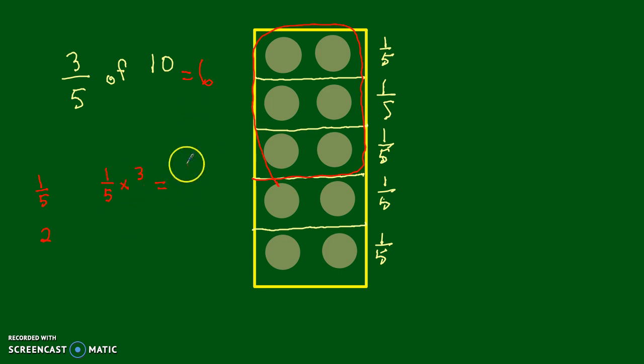So going back to our picture, 1/5 was 2. We know that 3/5 is 1/5 times 3, so we're going to take our 2 times 3, and that's going to equal 6. So 3/5 of 10 is equal to 6.